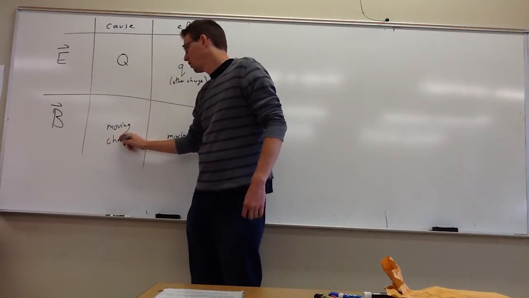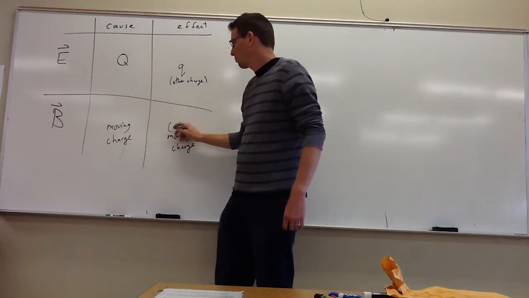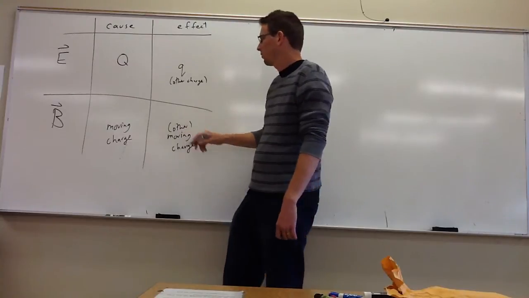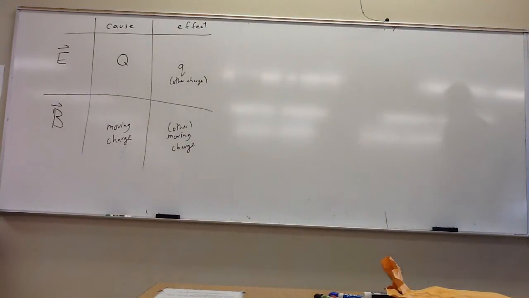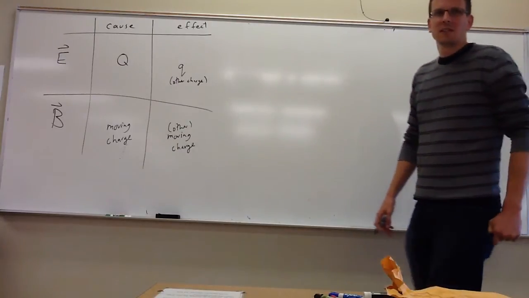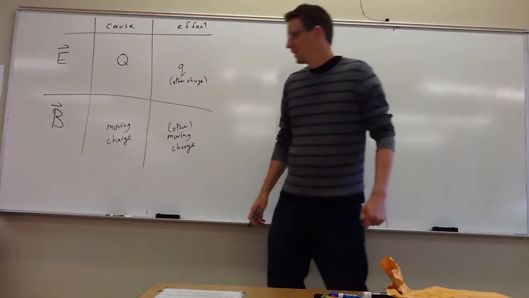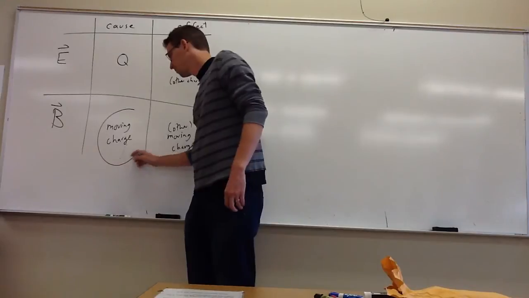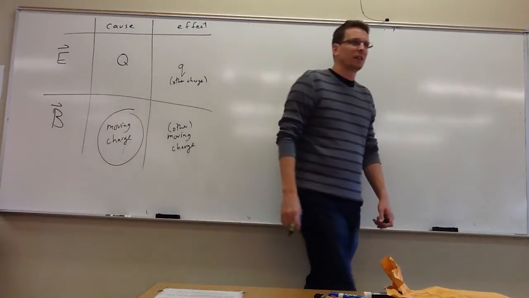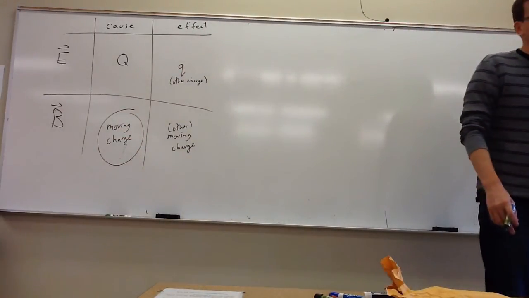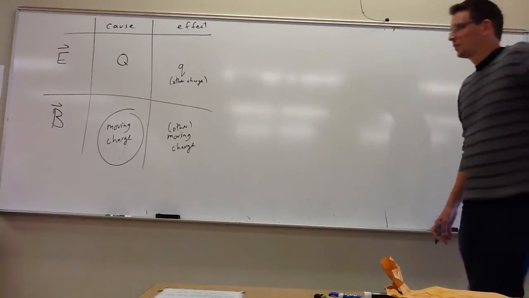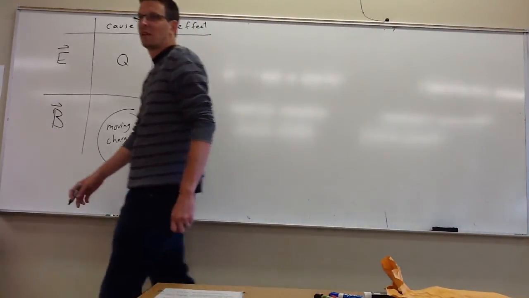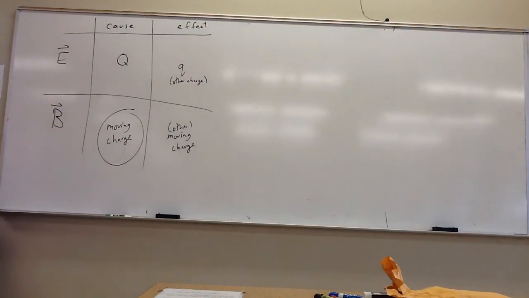So moving charge creates a magnetic field, and other moving charge feels an effect. Now that's, of course, not a particularly scientific way of doing this, but it does fit the sort of pattern, and I wanted to show you that pattern. So whenever a charge is moving, you see that it makes a magnetic field.